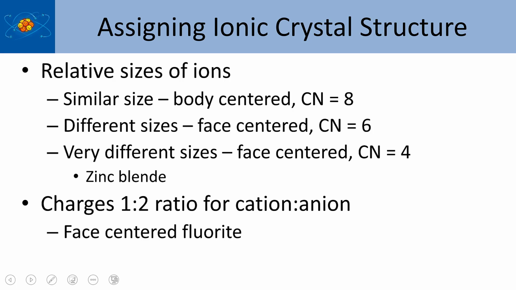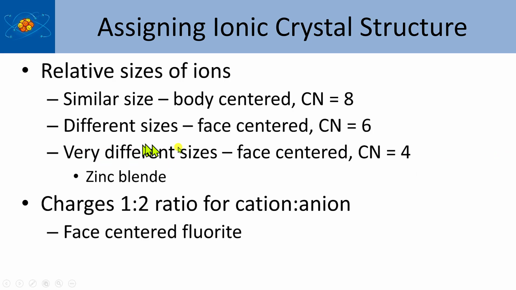If the relative ion sizes are the same, it'll take the highest coordination number it can get, which turns out to be that body-centered arrangement with a coordination number of 8. This is assuming ions of equal charge. If they're very different sizes, then we assume it'll take a face-centered arrangement. The coordination number will be 6.